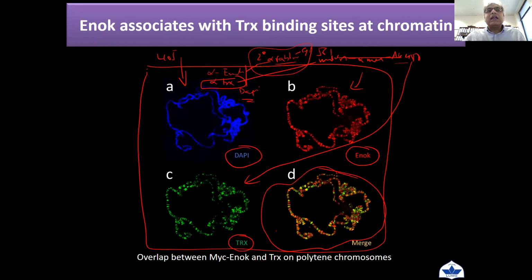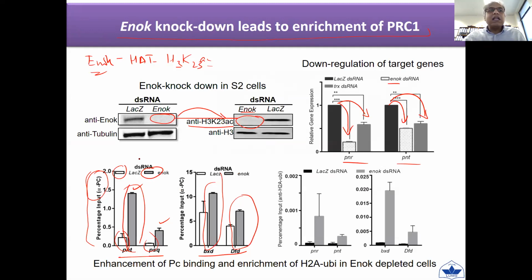So when you have enhanced polycomb, an obvious question he asked was if there are enhanced levels of H2A 118 ubiquitination on these targets, and you see enhanced levels of ubiquitination when you have Enoch knockdown.